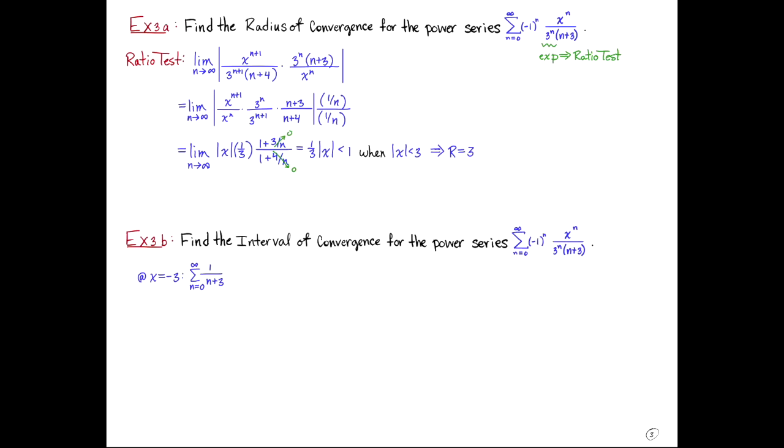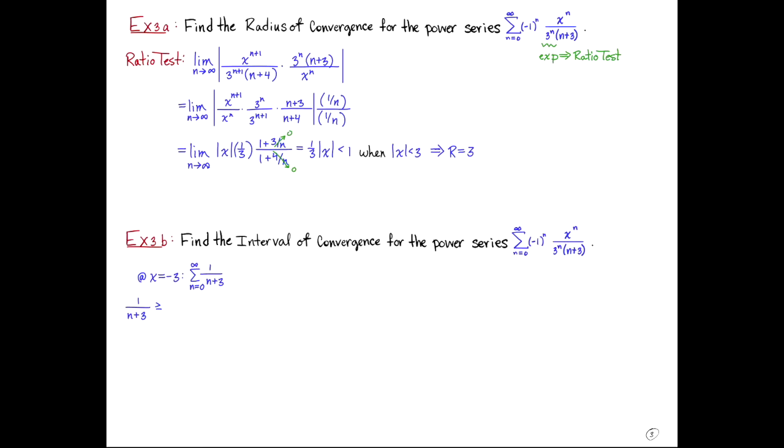We need to prove that 1 over n plus 3 is bigger than something that diverges. Starting with our inequality, we have 1 over n plus 3 greater than or equal to... We'd really like it if we could just say that this is greater than or equal to 1 over n, but the inequality isn't true.